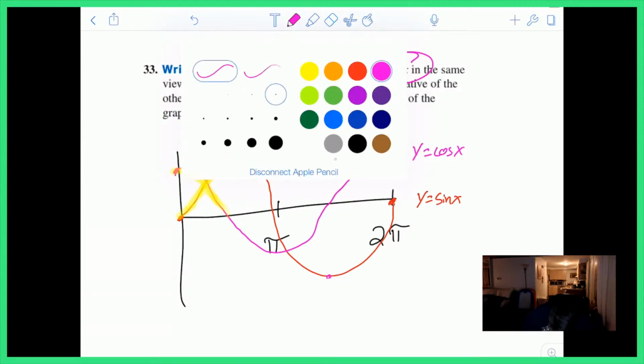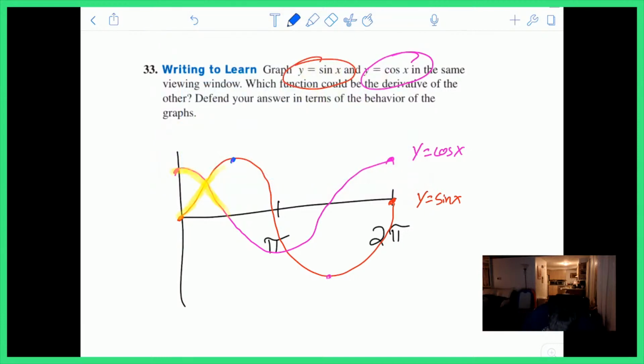And then right here, and we'll use a different color like a blue, right here we have a relative max. And what a relative maximum is of a function is a change from increasing to decreasing. What that needs to be as a derivative is an x-intercept, right? It's a change from positive to negative of the derivative. We do have that here. And then we're going to do a lot of decreasing for a bit, and that means we're going to have a lot of negative derivative.